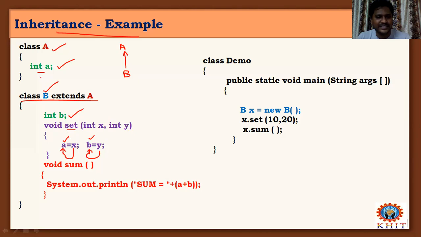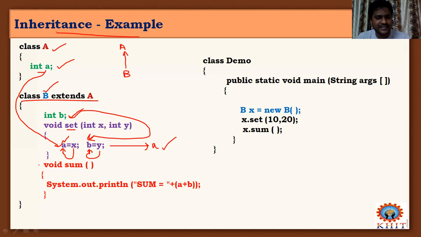So A is an instance variable of the superclass and B is an instance variable of the subclass. Got it? If you observe clearly, this instance variable A is accessible inside the B class scope because B is a subclass. This is a valid statement.